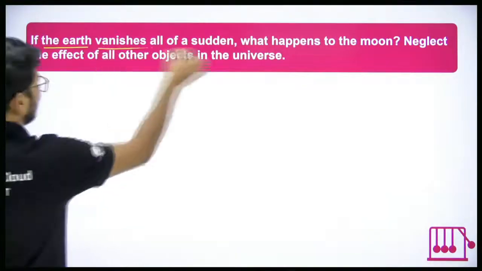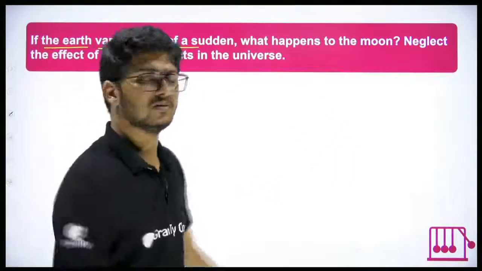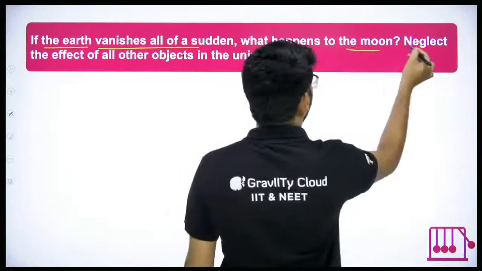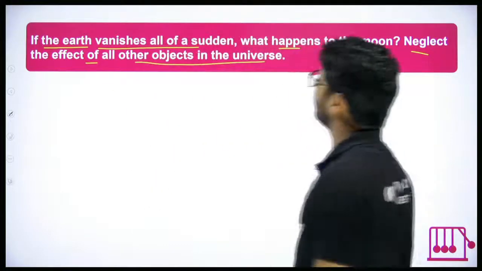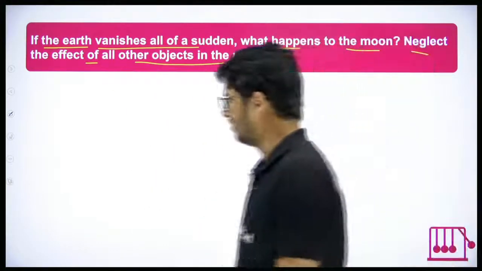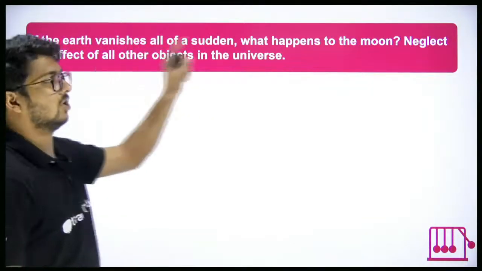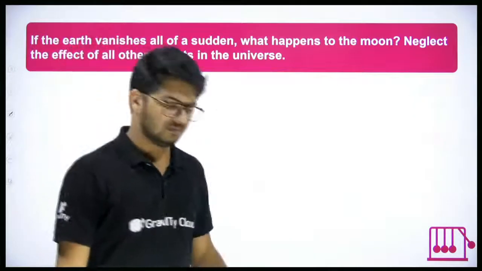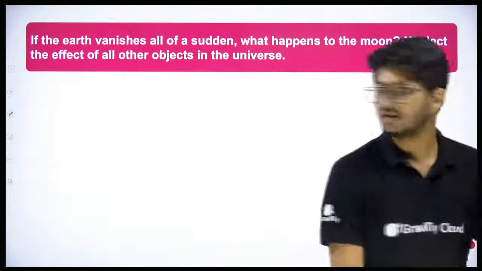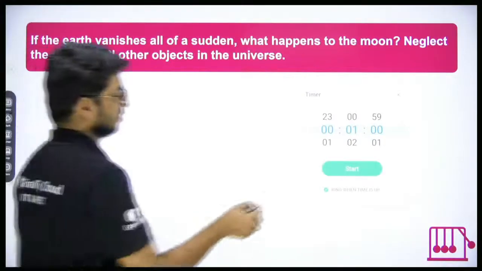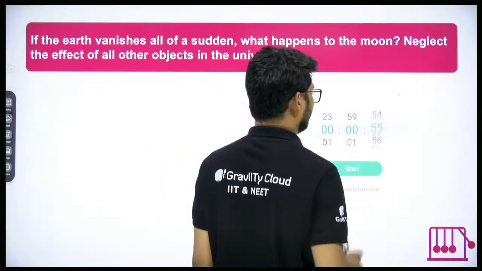If the earth vanishes all of a sudden, what happens to the moon? Neglect the effect of all the other objects in the universe. So what is going to happen? If the earth vanishes all of a sudden, what happens to the moon? Everyone, very quick. I'll give you 30 seconds of time. Think. 30 seconds is more than enough.